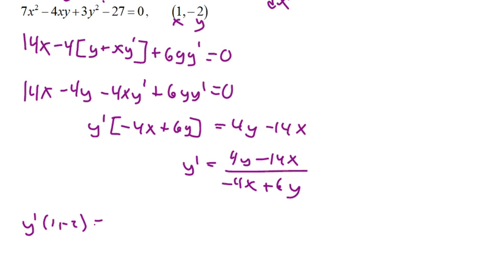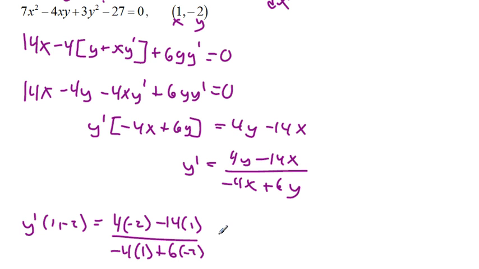So what happens if I plug in 1 and negative 2? 4 times y minus 14 times x, all over negative 4 times x plus 6 times y, negative 2. After you do all that, you should get 11/8.